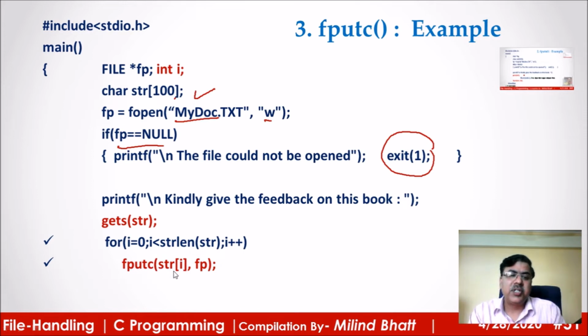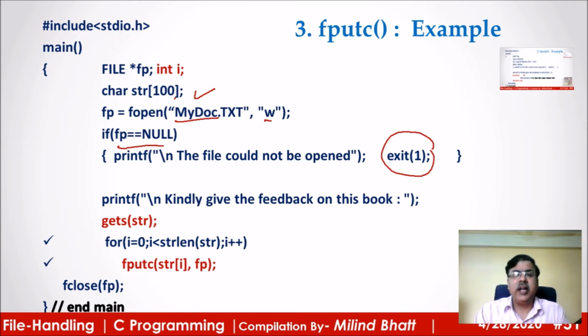Its ASCII value will be stored over there, and keep on doing until the whole string length is consumed. Finally, close your program, and before closing your program you have to close the file also.